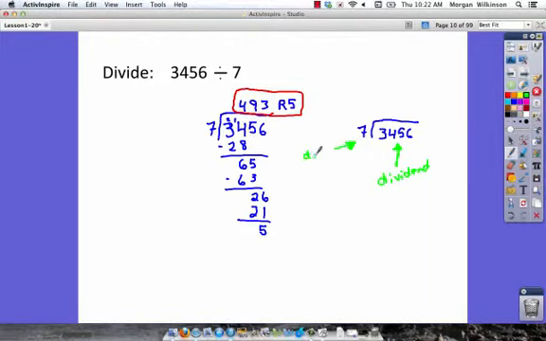It's called our divisor, D-I-V-I-S-O-R. And our answer to any division problem is called the quotient, Q-U-O-T-I-E-N-T. Okay, so when we have a dividend of 3,456, a divisor of 7, we get a quotient of 493, remainder 5.